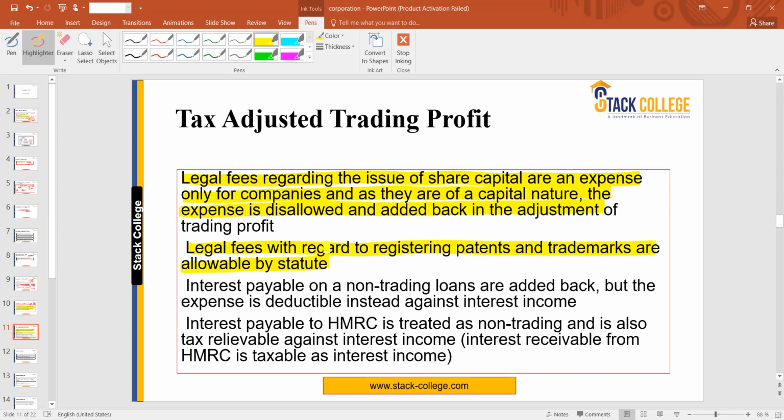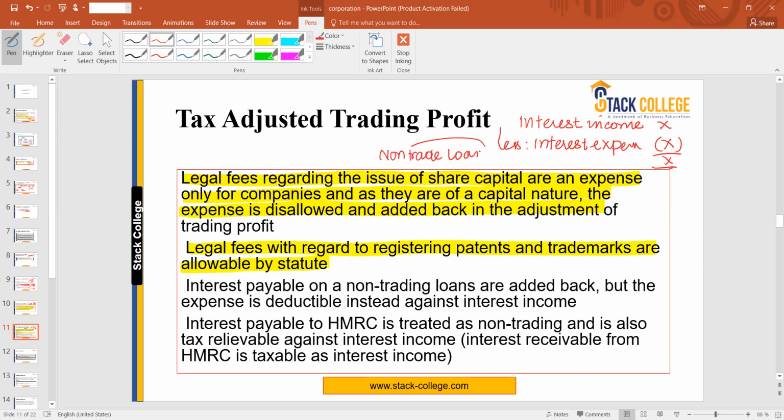As far as interest expense and interest income are concerned, we always consider interest income in the main pro forma, and we deduct the interest expense against that income in the main pro forma if that interest expense is related to a non-trade loan.